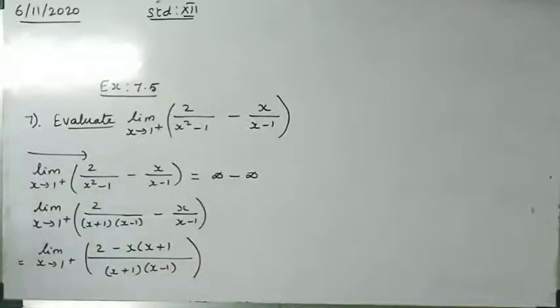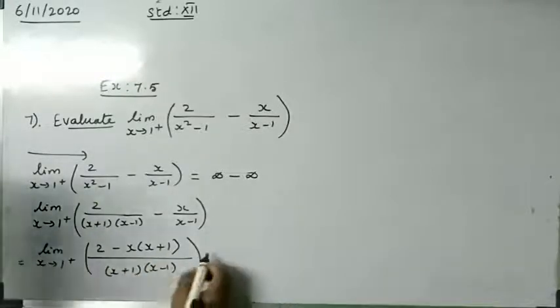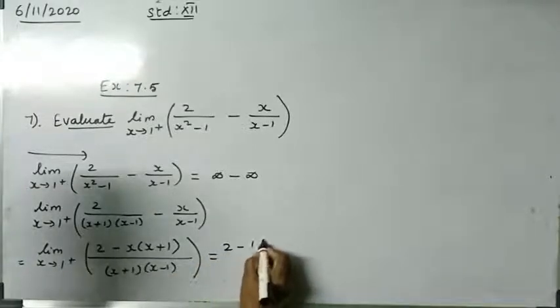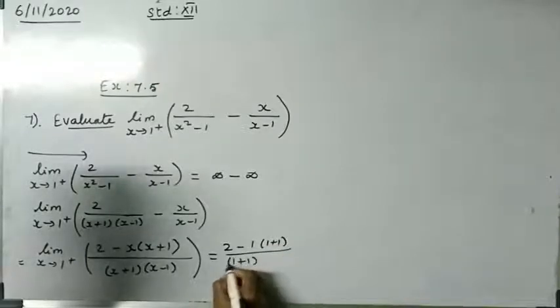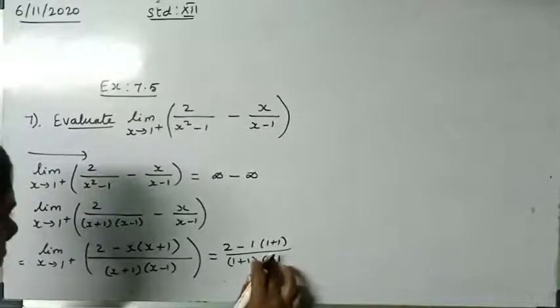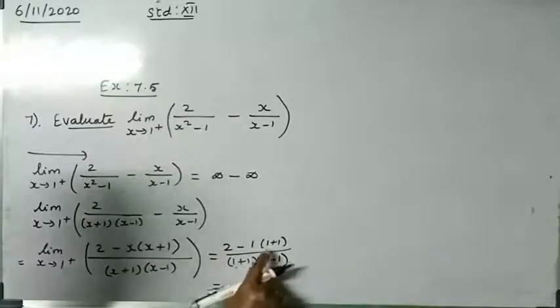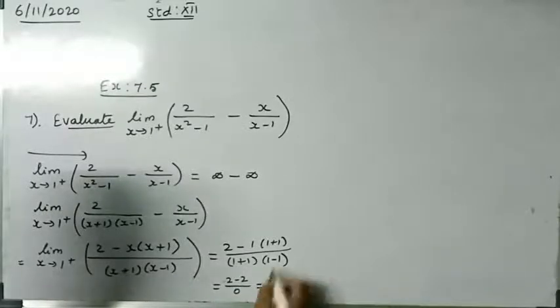Now substitute the limit 1 here: 2 minus 1 into 1 plus 1, divide by 1 plus 1 and 1 minus 1. Which is equal to 2 minus 2 divide by 2 into 0, which is 0. So it is 0 by 0 form.